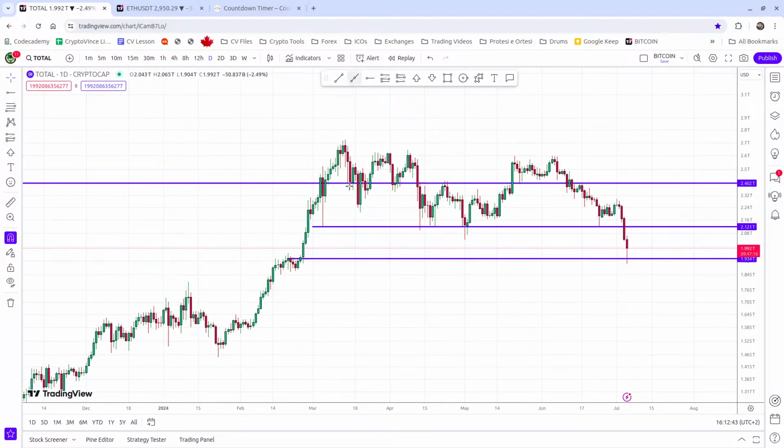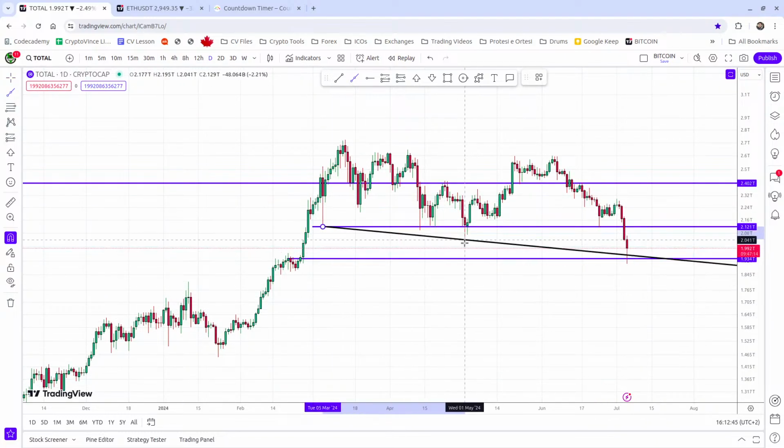This trace array here, let's see how precise that is. Yeah. Like this trend line, to be honest.